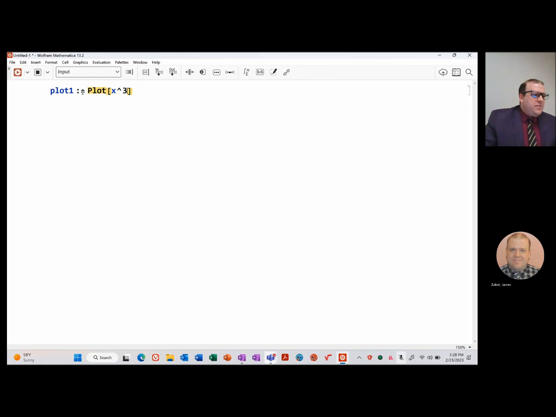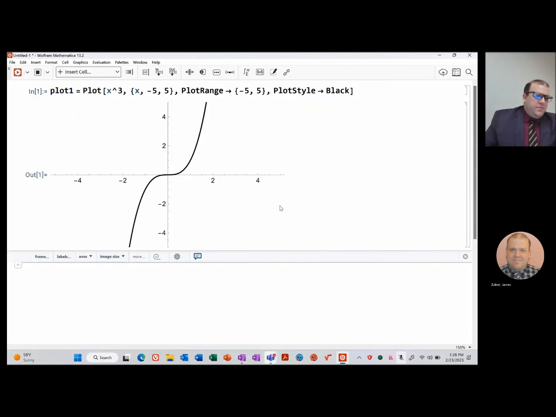X cubed. It says just the curve X cubed.